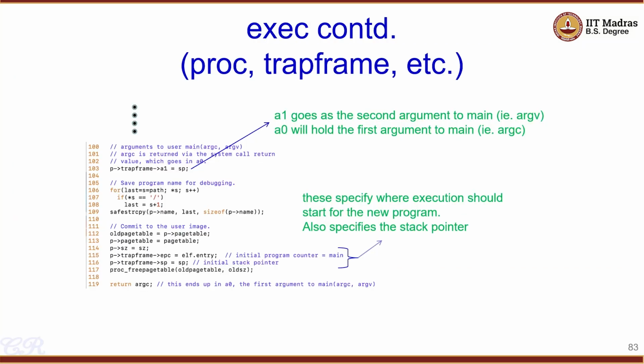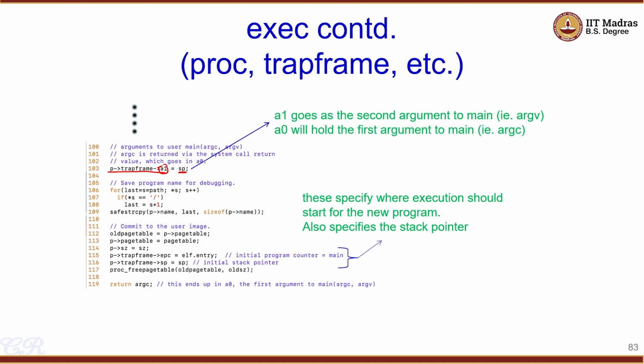So this is what is essentially set over here. So by using p->trapframe->a1, setting it to the stack pointer, we are essentially saying that the register A1, when the program executes in the user space, that is the newly executed program in user space, should essentially point to this value of SP, right?